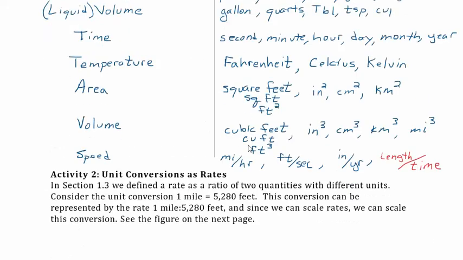So in activity 2, it says in section 1.3, we defined rate as a ratio of two quantities with different units. So let's consider the unit conversion that 1 mile is equivalent to 5,280 feet. This conversion can be represented by the rate 1 mile to 5,280 feet. And since we can scale rates, we can scale this conversion.